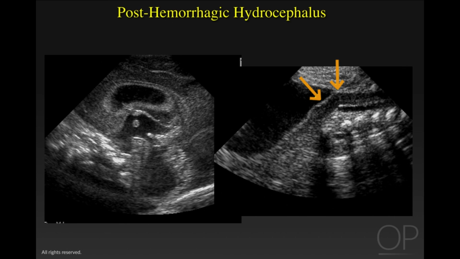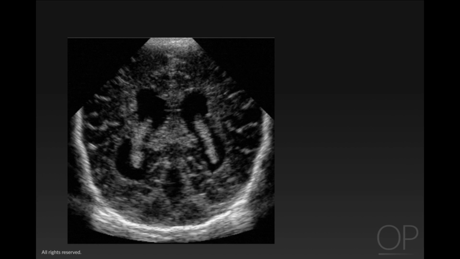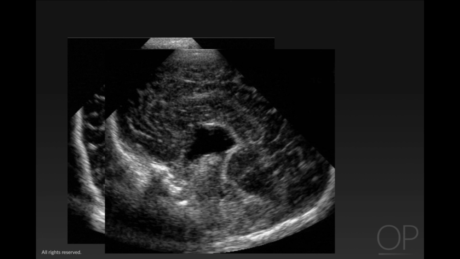yellow arrows. Finally, we have an infant who has dilated lateral ventricles, and on the sagittal image obtained through the anterior fontanelle, we can see that there is an echolucent collection above the cerebellum that is anteriorly displacing the tectum.